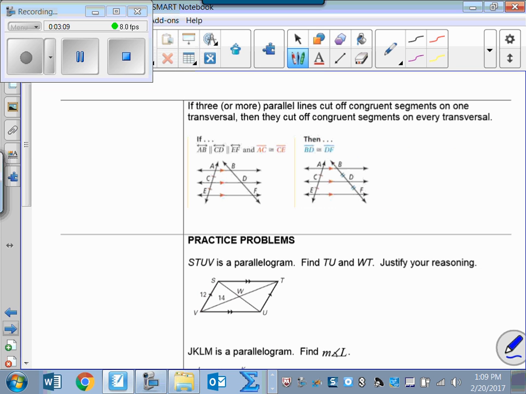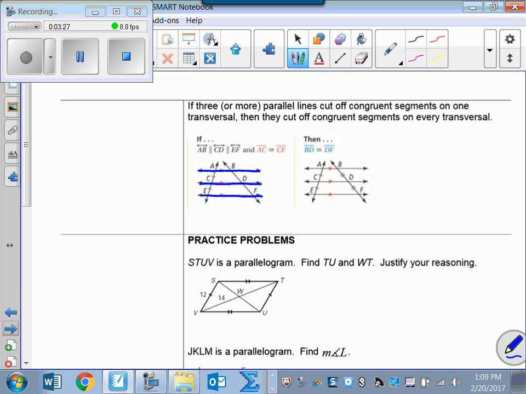Theorem number 5. If 3 or more parallel lines cut off congruent segments on one transversal, then they cut off congruent segments on every transversal. So 3 or more parallel lines. So here we go. We got them right here. These are our parallel lines.